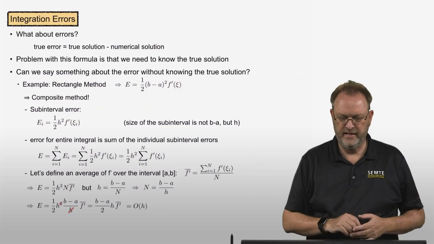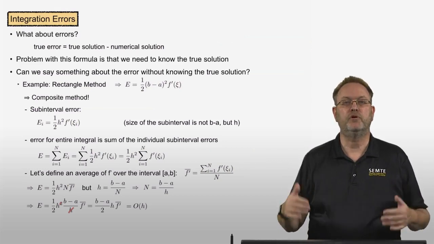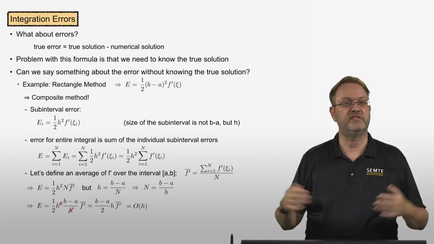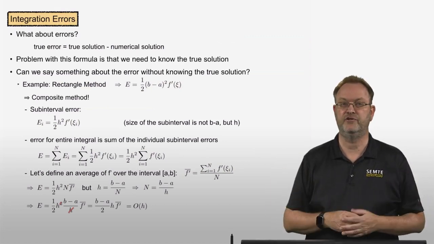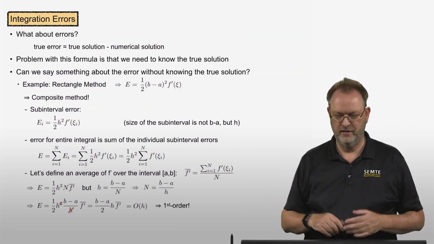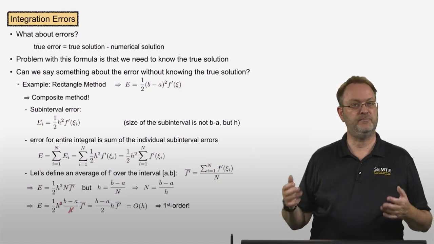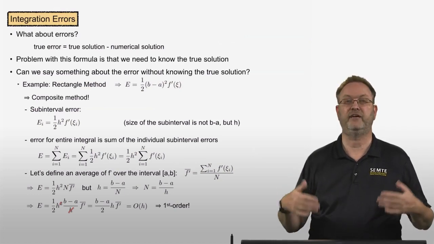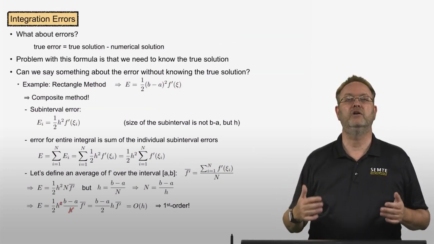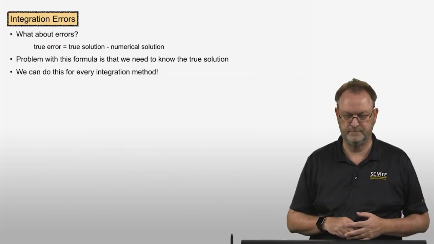And now the important thing is that the error is proportional to the size of the subinterval. It's proportional to h. So this is a first order method, right? If I reduce the spacing, the subinterval size, by a factor of 2, my error will go down by a factor of 2 as well.